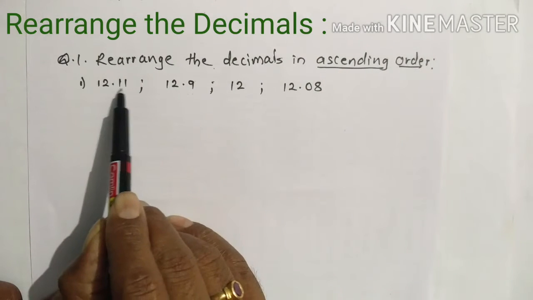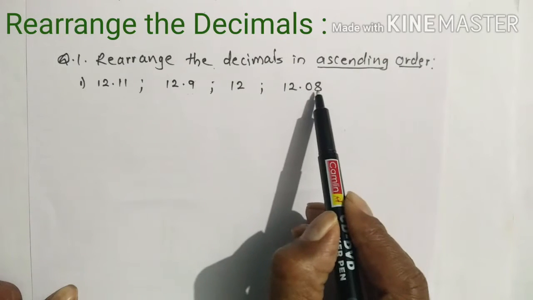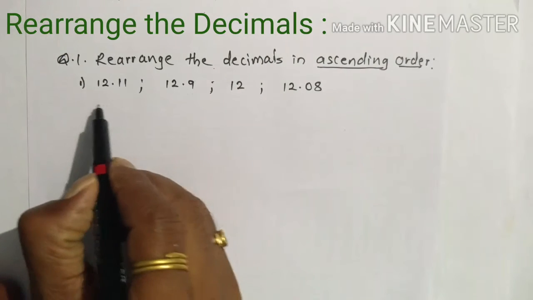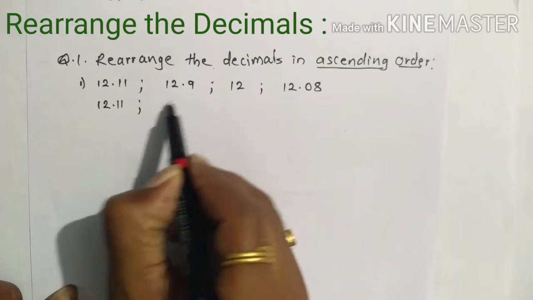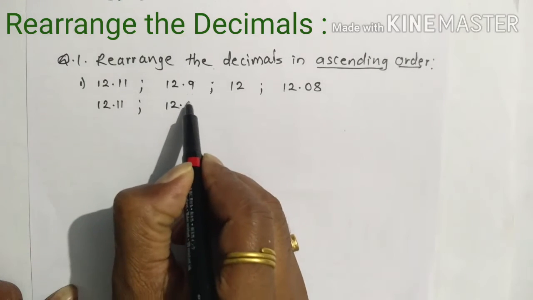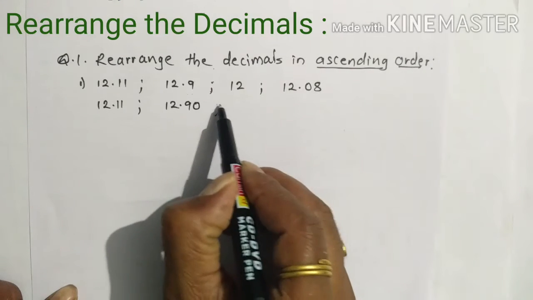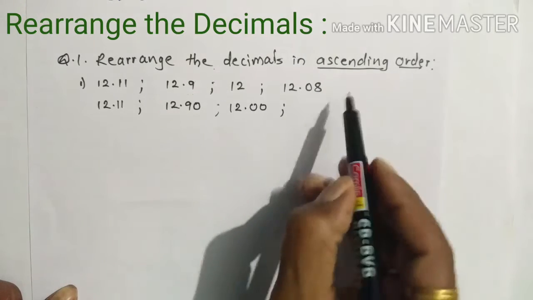Here two decimal places, here one, here none, here two. So the maximum is two, so we make like decimals. Here one decimal place is less, so we have to convert like this. Then 12 has no decimal place, so we put two zeros.